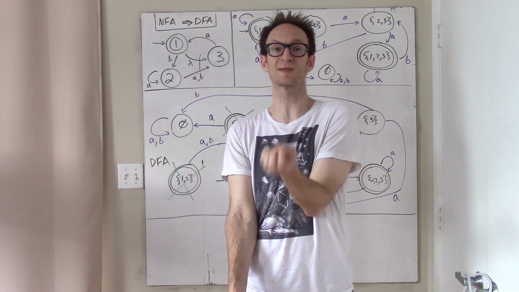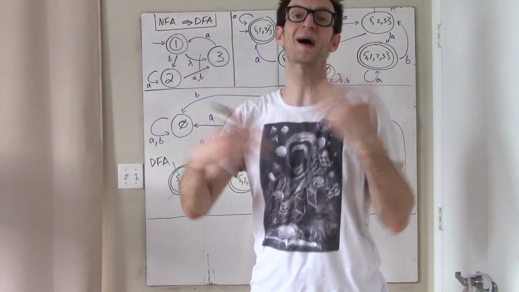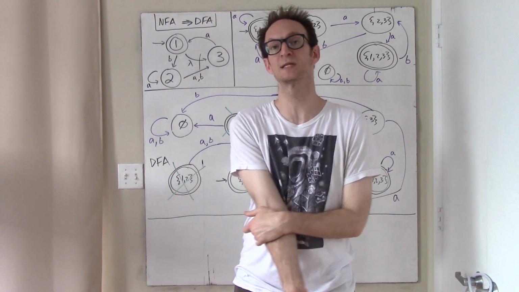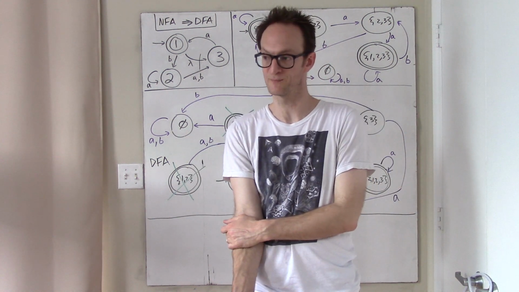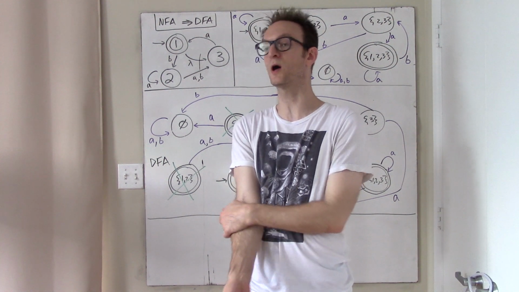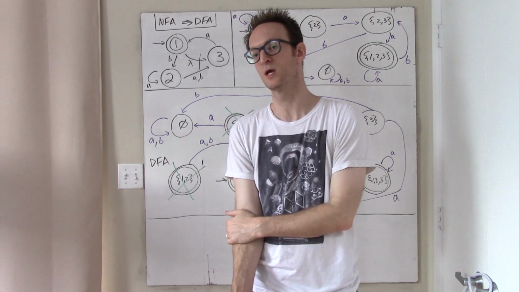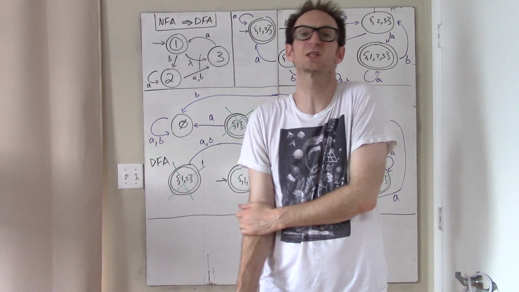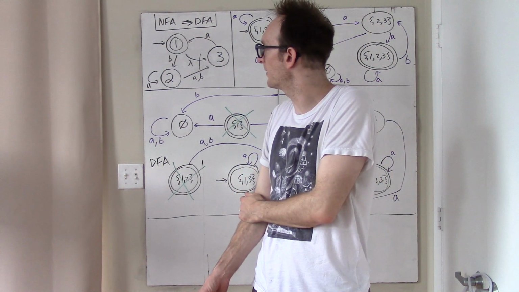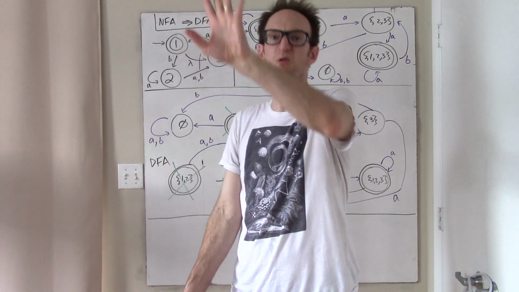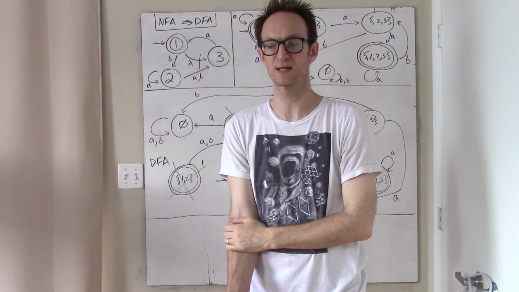That's why people sometimes just say finite automata, and they don't distinguish between DFAs and NFAs, because it doesn't really matter. Yet we will often use NFAs, and just knowing that there is an algorithm to convert it to a DFA means we don't actually have to do it. We can just say, you do it if you want to, and that's it.